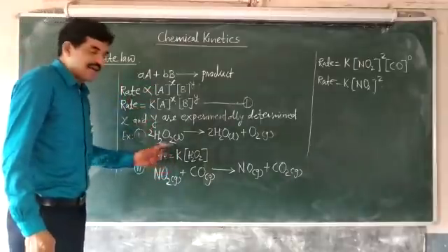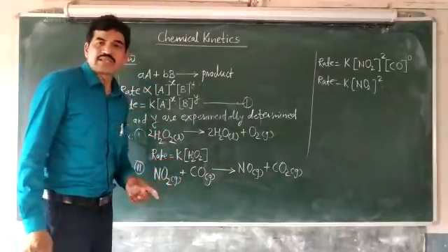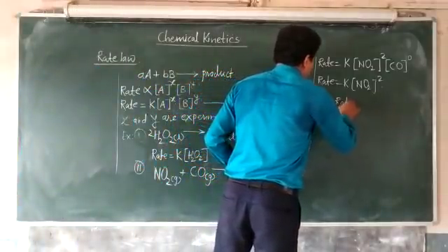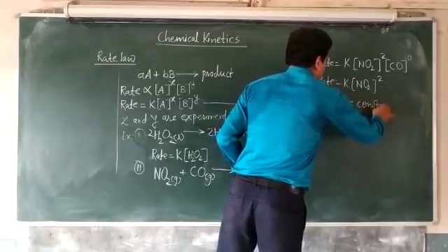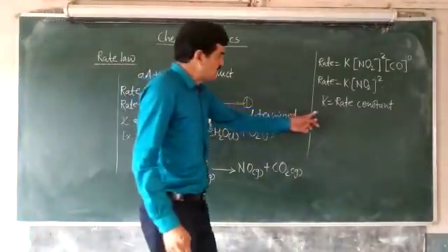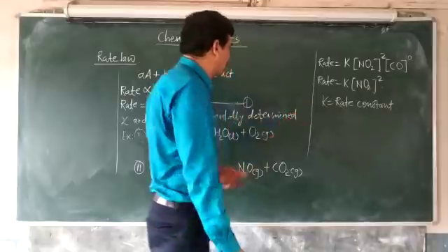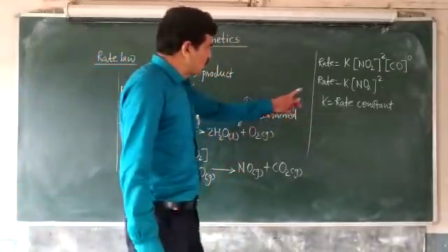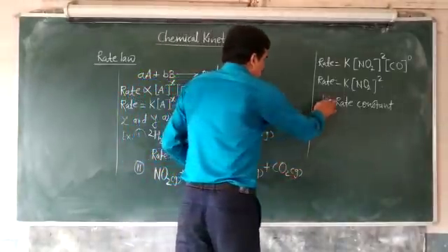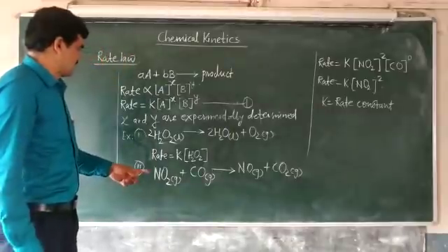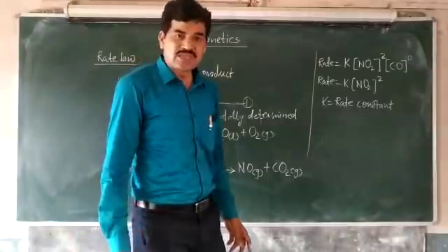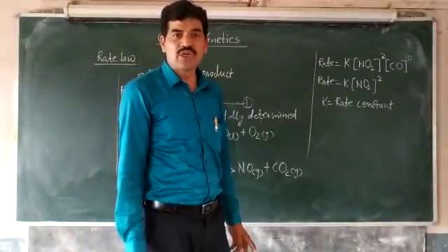Now, in the rate law, the constant k is known as the rate constant. The value of the rate constant doesn't depend on the concentration of the reactants. The value of the rate constant depends on the temperature at which the reaction is carried out. The rate constant may be defined as the rate of a chemical reaction when the concentration of each reactant is unity, that is 1 molar.